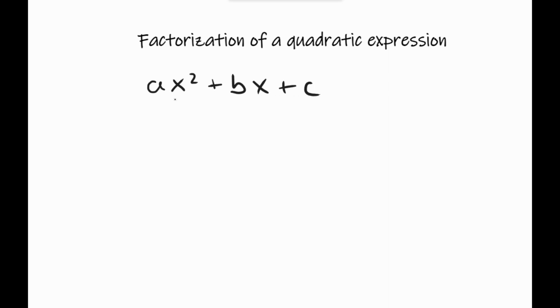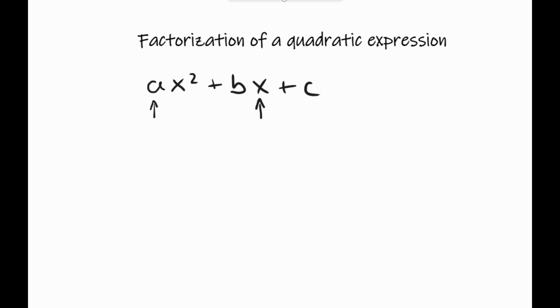We have the x squared term preceded by the a coefficient, the term which contains the x factor preceded by b coefficient, and the c factor which doesn't have an x.